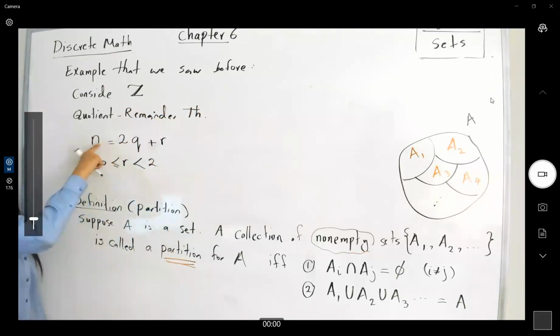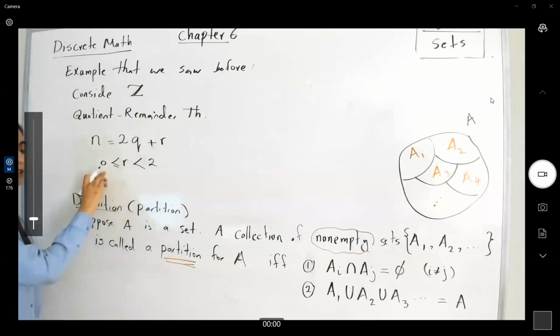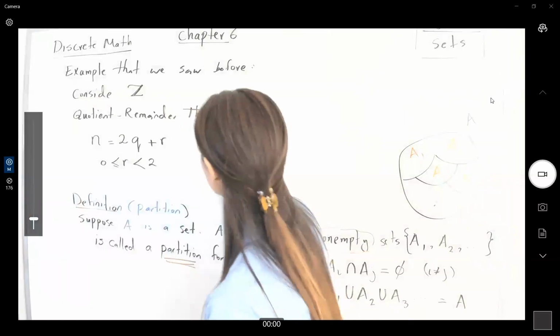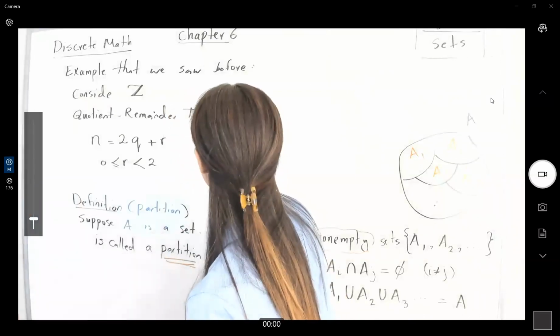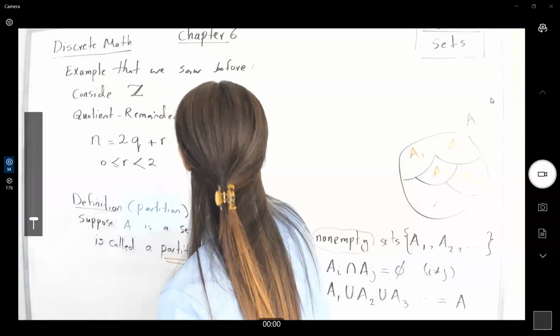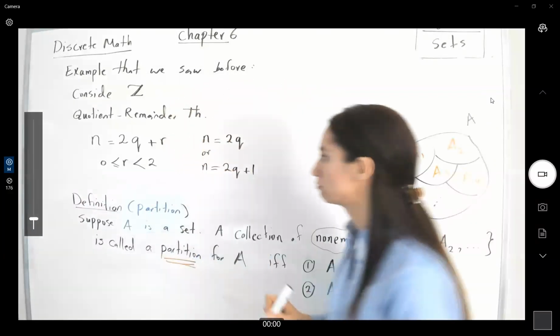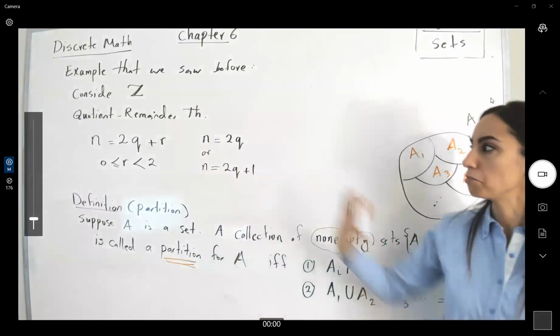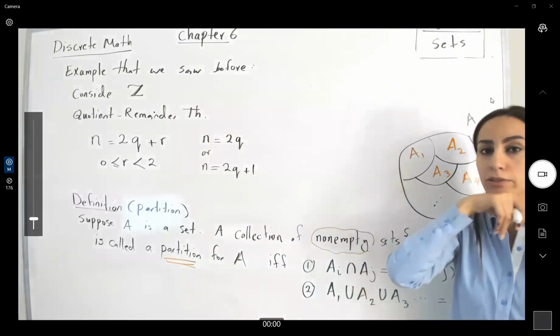If we divide any number by 2, the remainder is either 0 or 1. So n is either 2q or n is equal to 2q plus 1. From the quotient remainder theorem, we have this result.